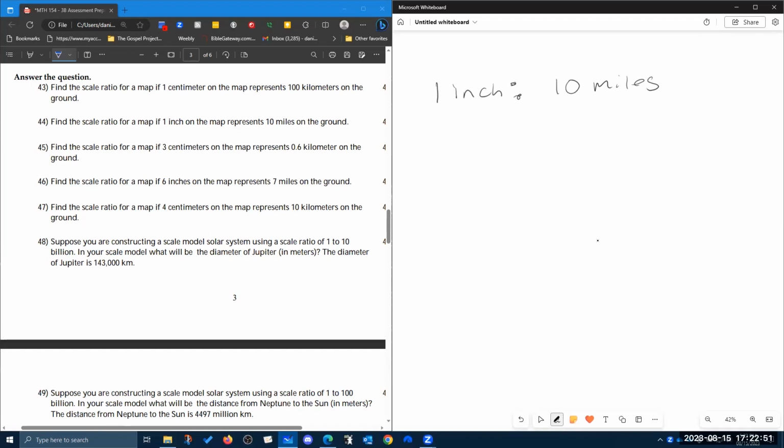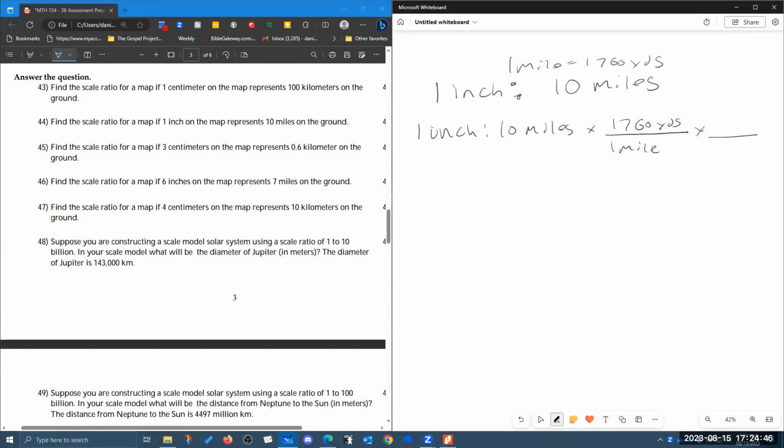So we need 1 inch on this side, 10 miles times 1 mile is 1,760 yards, times each yard is going to be 36 inches.